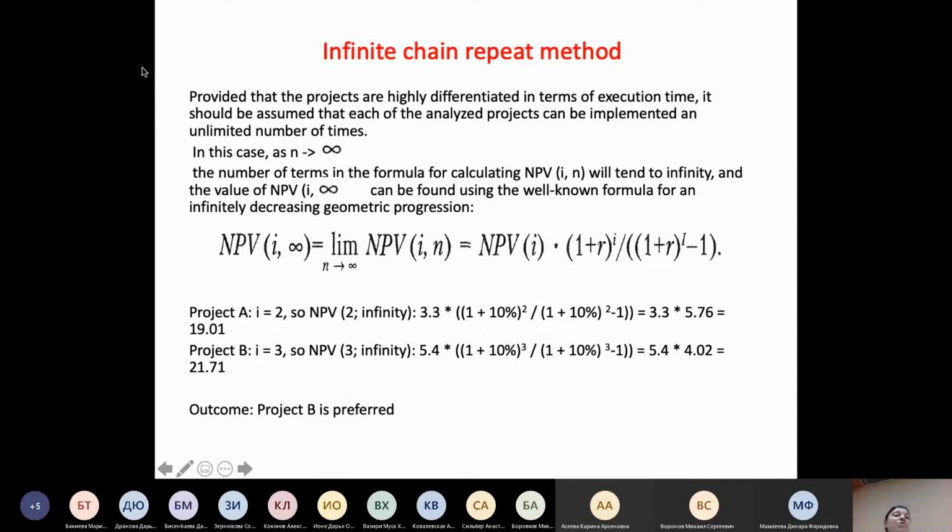But we may choose the second method, the infinite chain repeat method. According to this method, we are ignoring the amount of repetition for our project. We are ignoring how many times we should repeat our project, and the smallest common amount of cash flows.